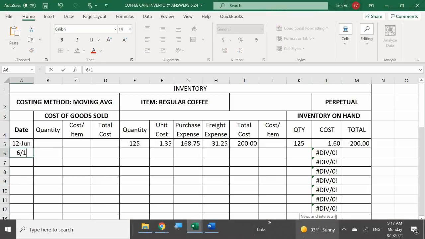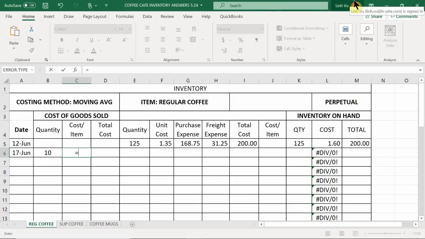So the date, how many pounds did I sell or use in this case? 10 pounds. We used 10 pounds. At what cost per item is my current inventory? How much is it going to cost me to sell each pound of regular coffee? $1.80?